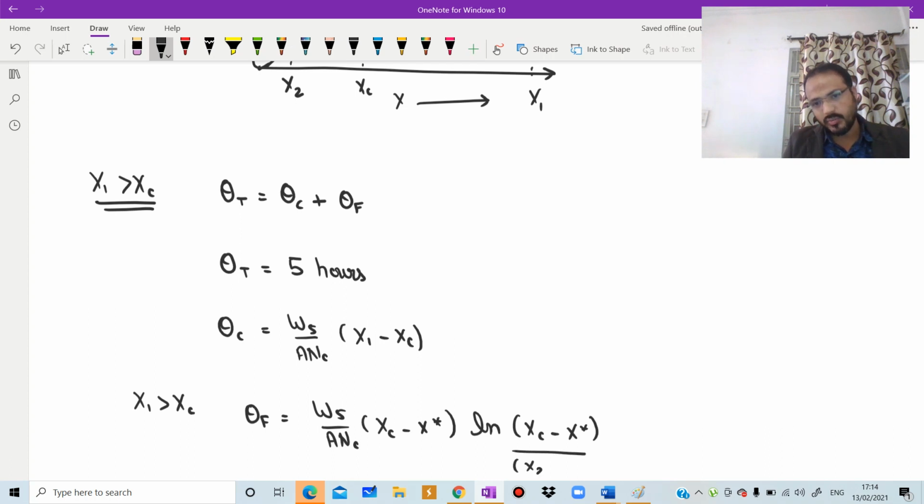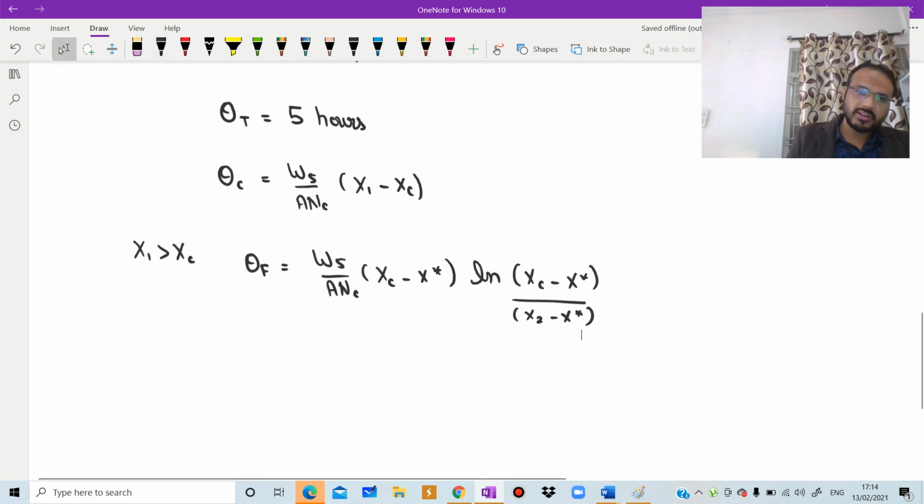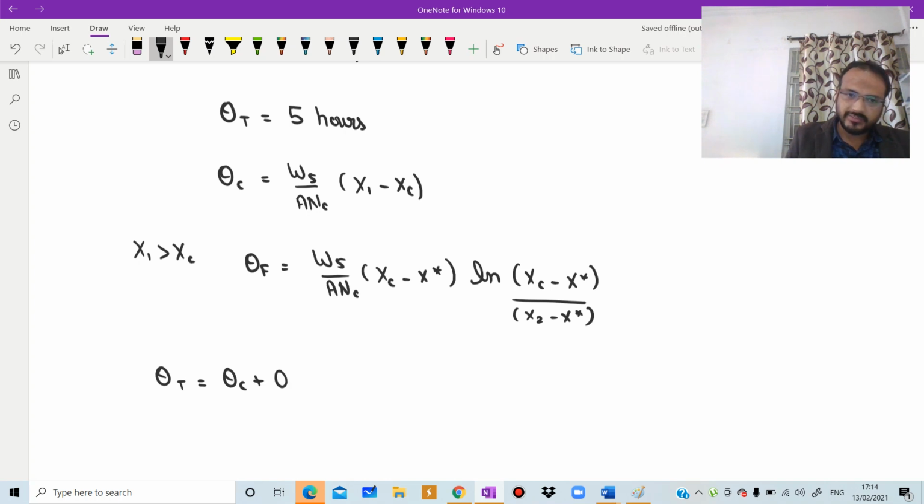In class, we solved a number of problems based on this concept. Add both equations, so theta total is equal to theta c plus theta f.